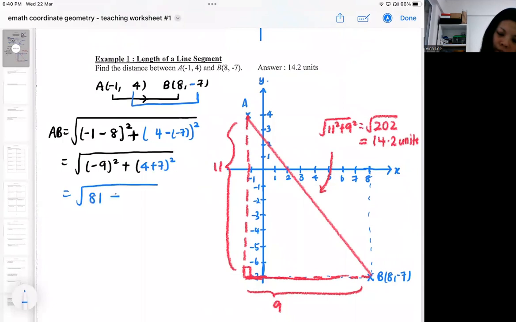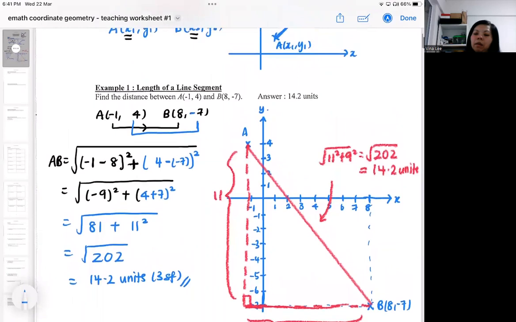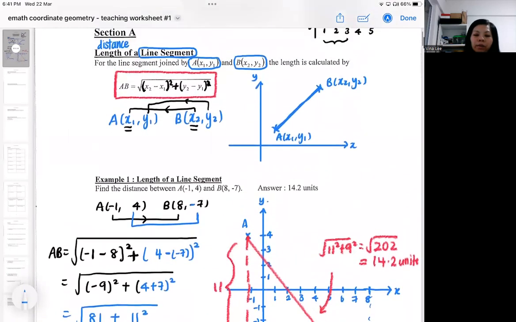So you get 81, you get 11 squared. So all in all, you get 202, which is a 14.2 units. Okay, so you subtract the x coordinate, square it, subtract the y coordinate, square it, and then you add them up. So that is like the Pythagoras theorem that they kind of help it out with the formula.